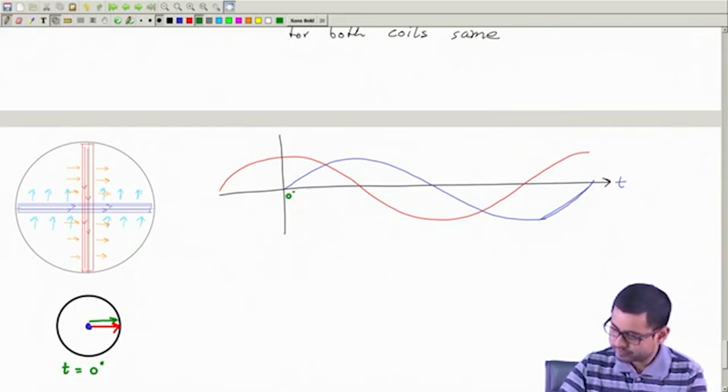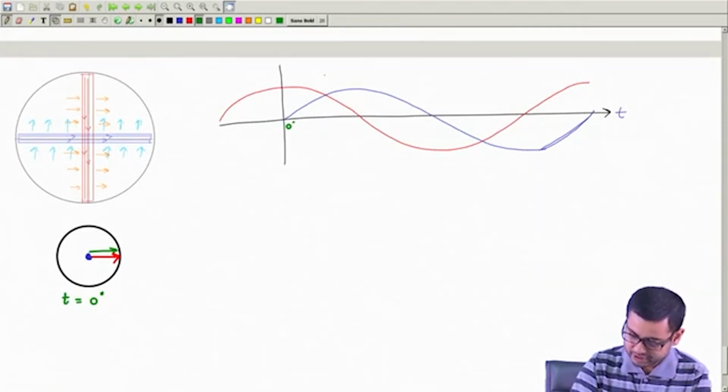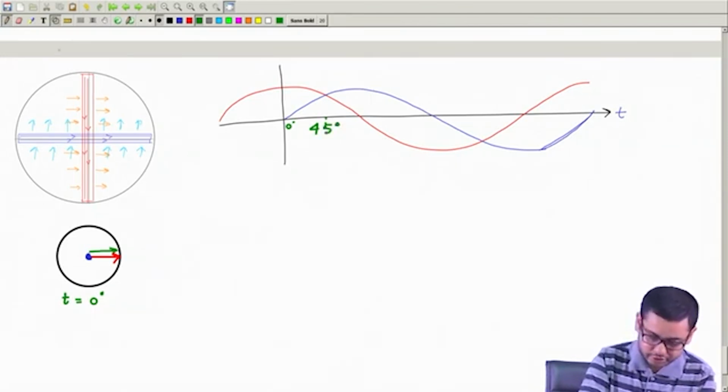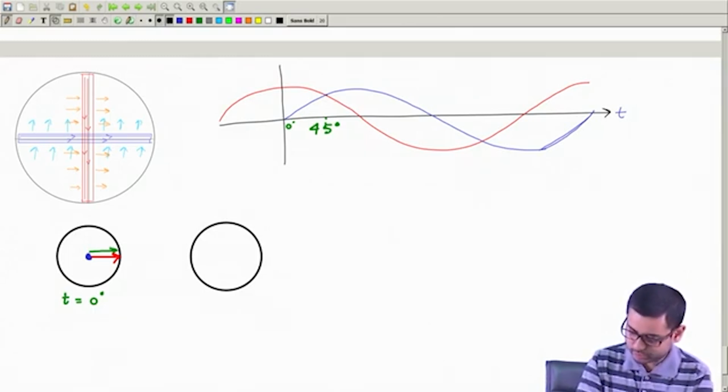Now let's consider at this point, this is 45 degree. Okay. So at 45 degree, what do we have? This red current is positive, so red flux will be from left to right, and its value is not as much as before, it's somewhat lower.